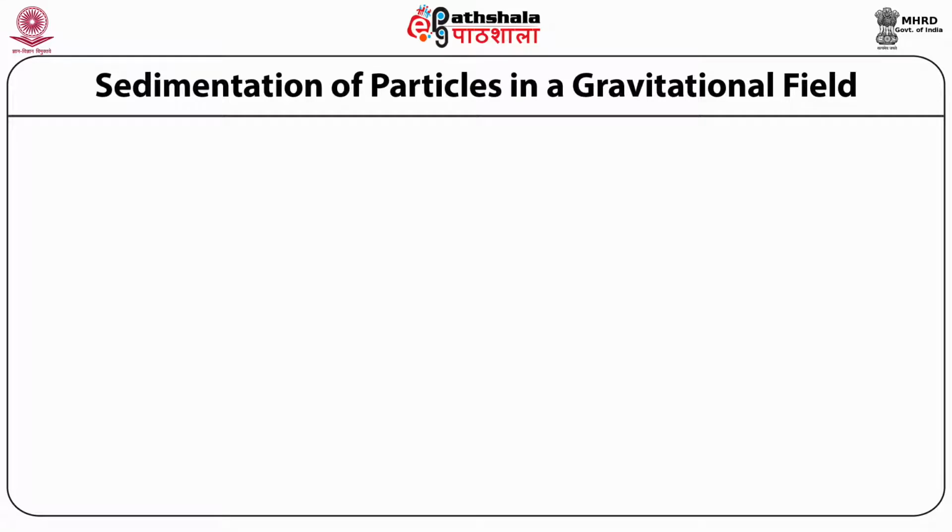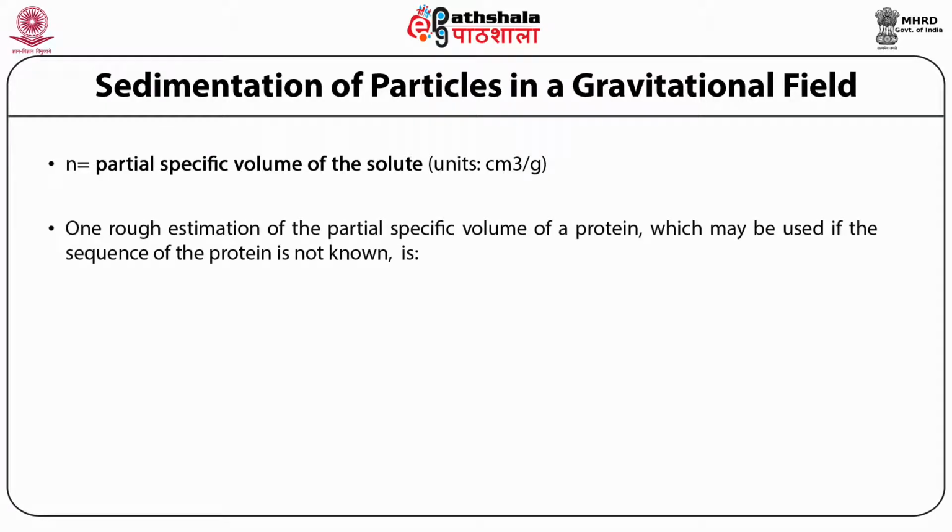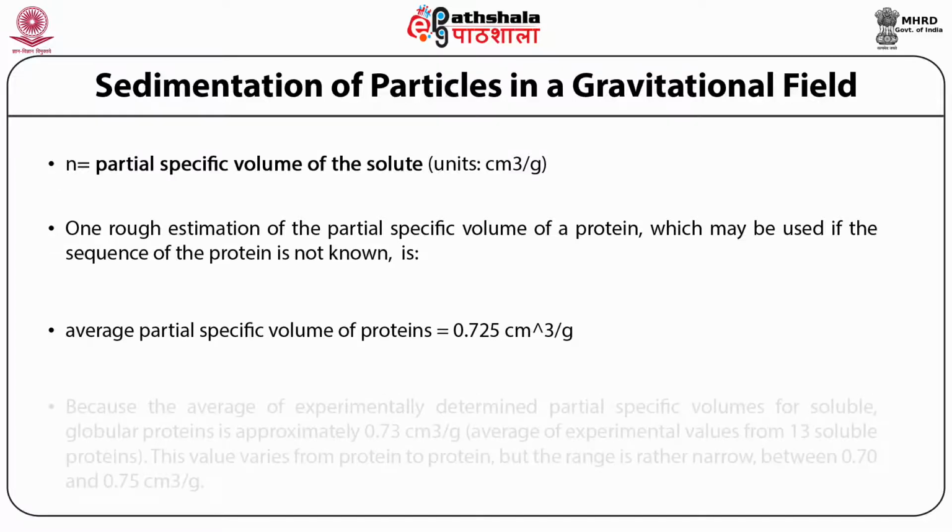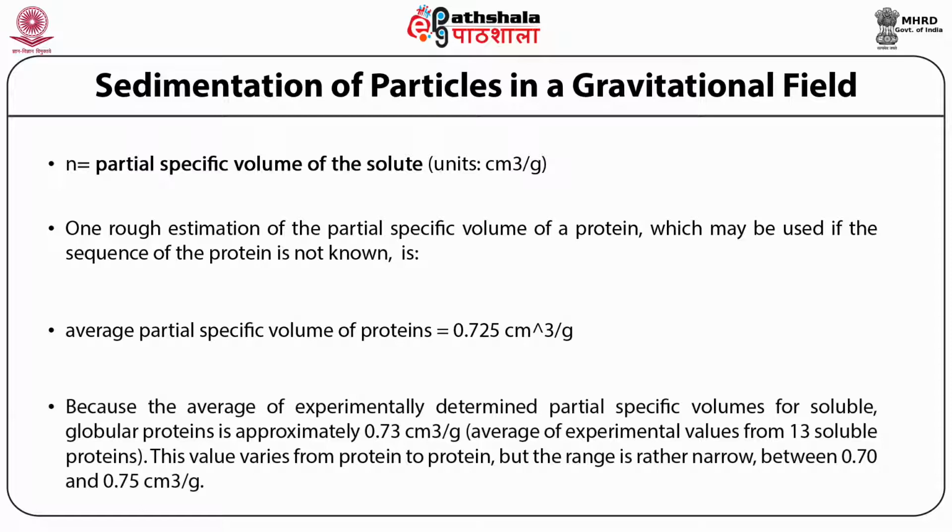Here I am giving you one example for the calculation of partial specific volume of a solute. For example, one rough estimation of partial specific volume of a protein may be used if the sequence of the protein is not known. The average partial specific volume of a protein is 0.725 centimeter cube per gram, because the average of experimentally determined partial specific volume for soluble globular proteins is approximately 0.73 centimeter cube per gram, the average of experimental values of 13 soluble proteins.